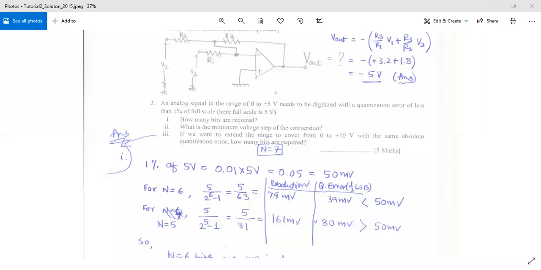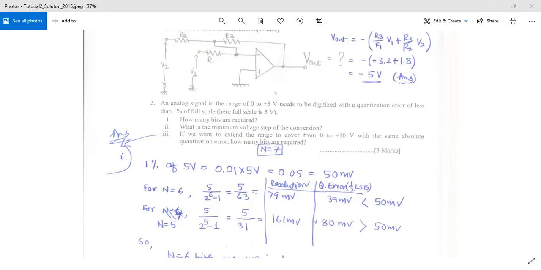Is that fine, guys? Okay. The other way you can do this is to write 50 millivolt on one side. If we are looking at 50 millivolt as our quantization error, what that means is our resolution should be somewhere close to 100 millivolt, since quantization error is half the resolution, right?